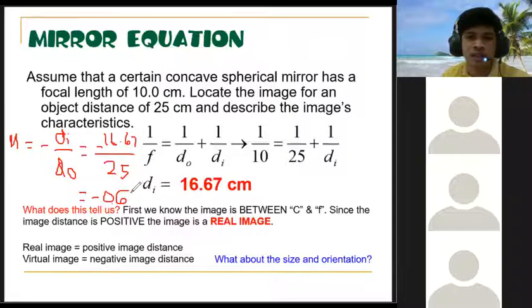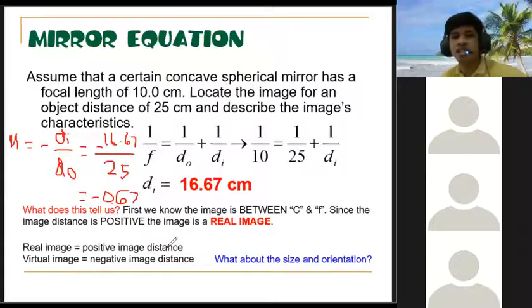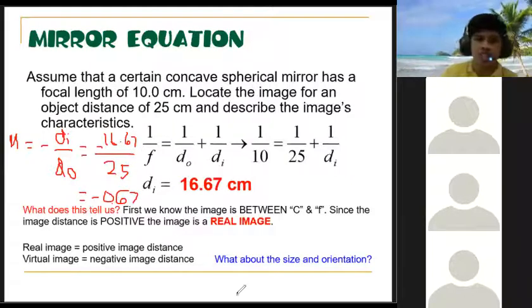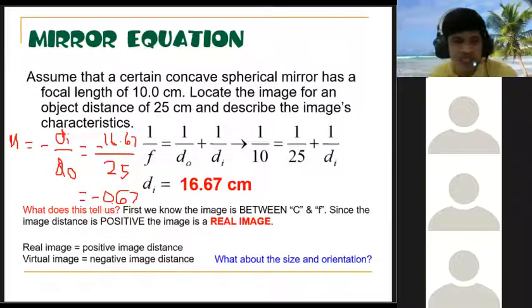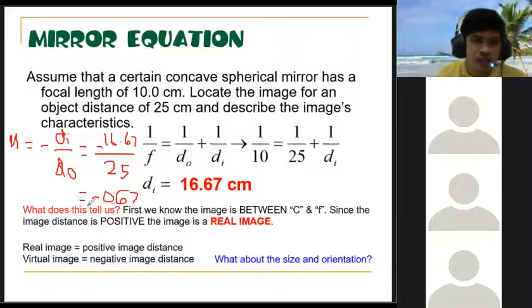Question: what is the size? Is it enlarged or reduced? We have M equal to negative 0.67.